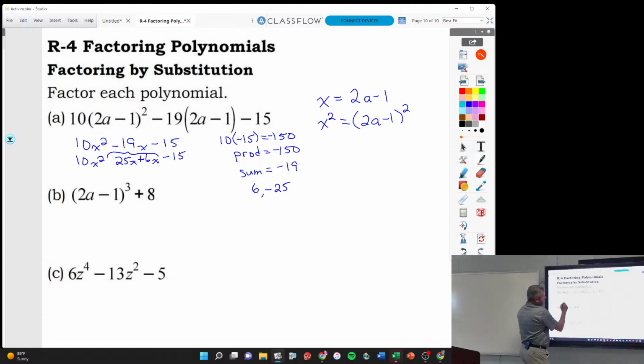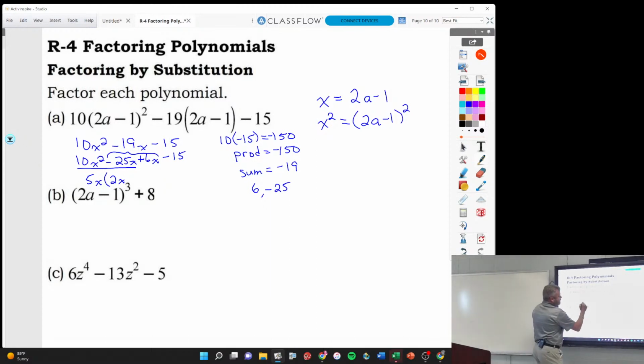Okay, first two terms, take out 5x. I'm left with 2x. 5 times 2 is 10. Minus 5. 5 times negative 5 is negative 25. Second two terms, I can take out a 3, leaving me with a 2x minus 5.